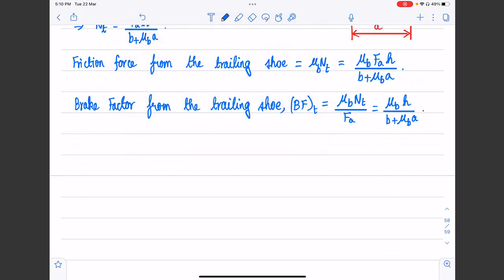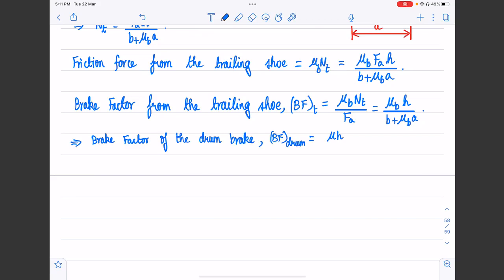So this implies that the brake factor of the drum brake is going to be equal to, let's call it BF drum, the brake factor contribution from the leading shoe, which is mu BH divided by B minus mu BA, plus mu BH divided by B plus mu BA.